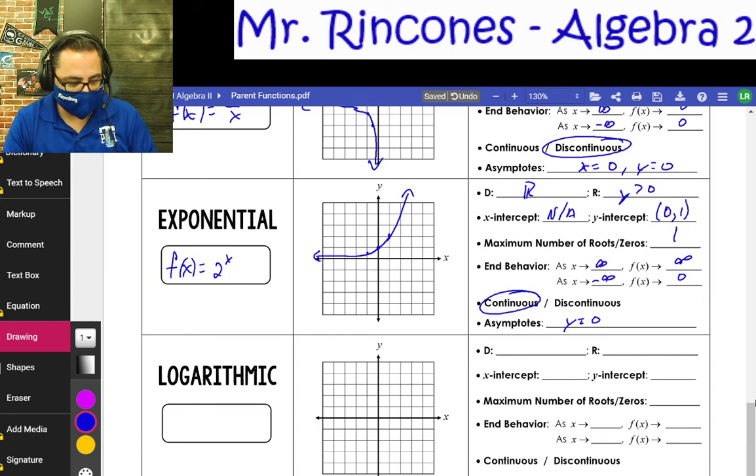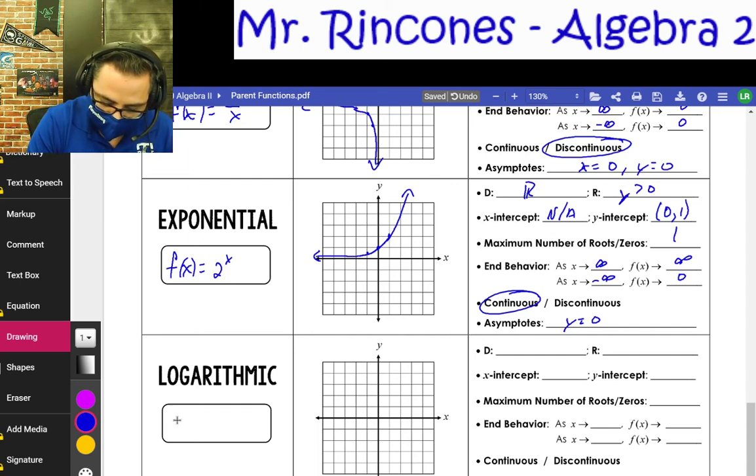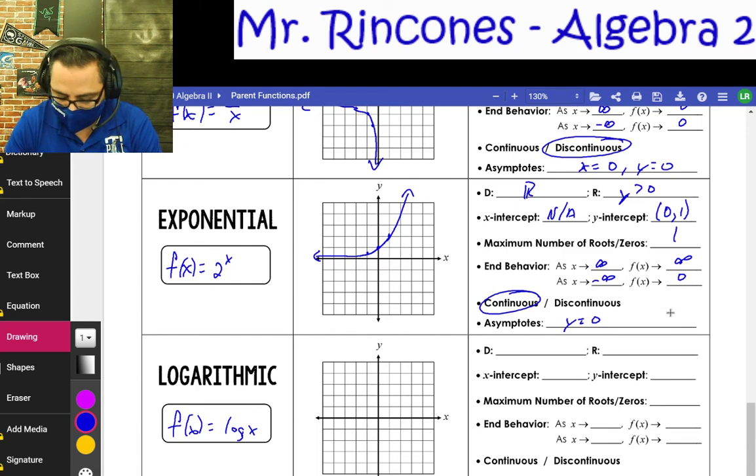One more. Let's look at logarithmic functions. So logarithmic functions, f of x is equal to log x. And that one, it's a bit strange, but it's going to look something like this.